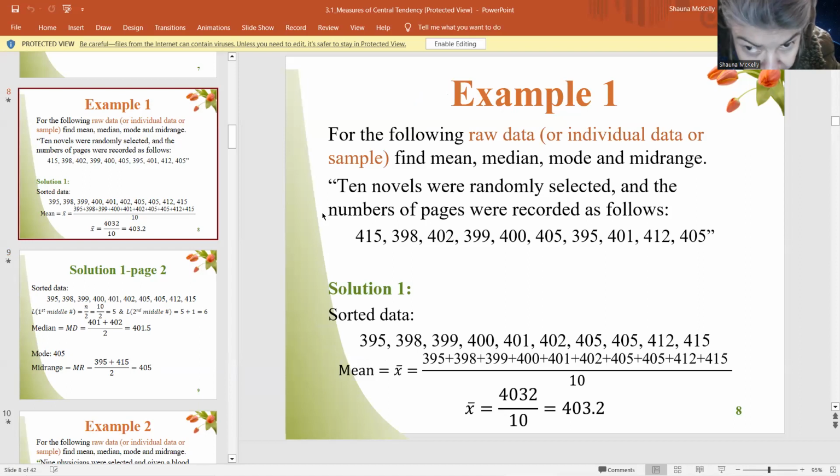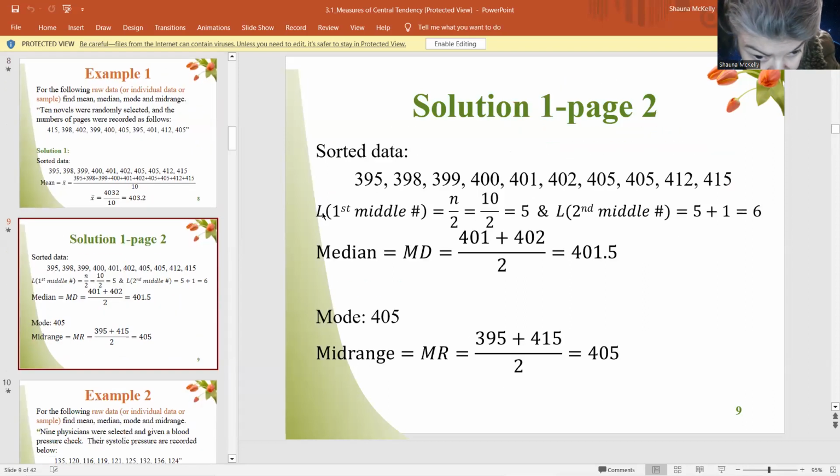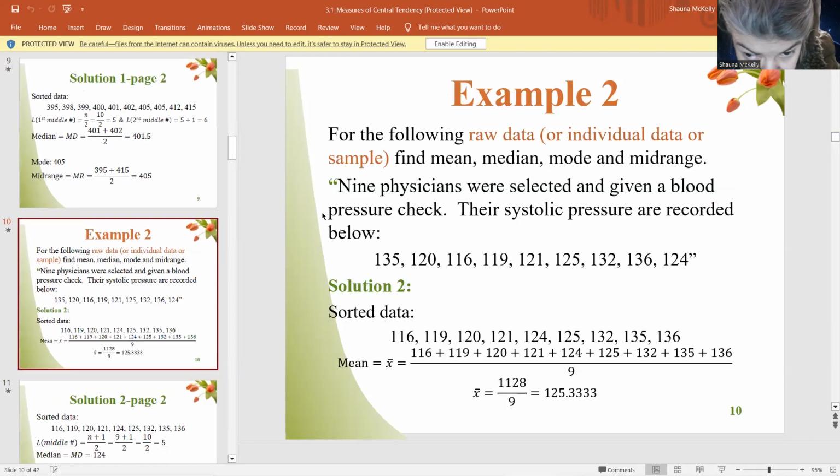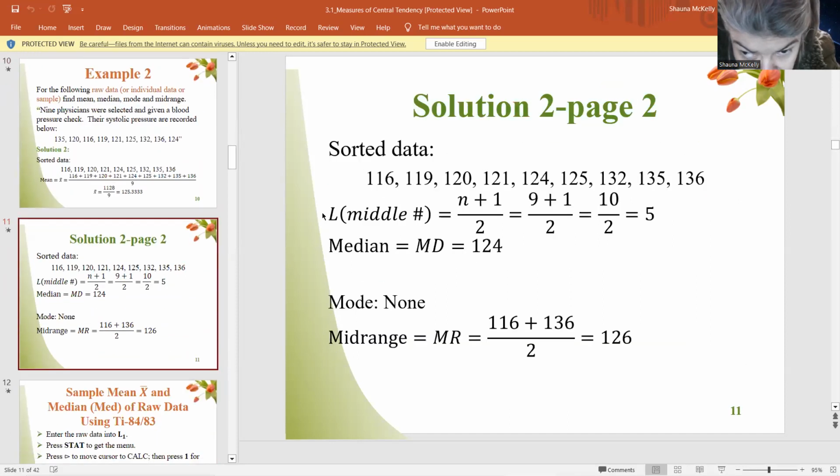Because remember, the median depends on how many numbers we've got. So here we want to look for our middle number. So we're going to take the number of elements we have and we're going to divide it by 2. All right.